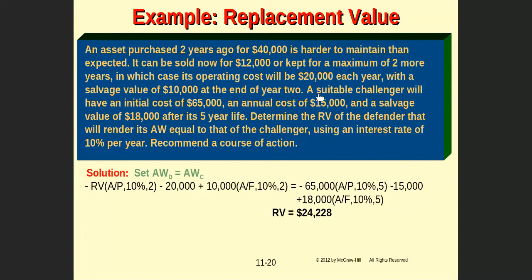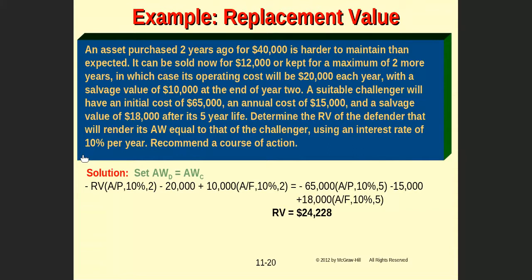A suitable challenger will have an initial cost of 65,000 and an annual cost of 15,000, with a salvage value of 18,000 after 5 years. Determine the RV of the defender that will render its annual worth equal to the challenger using an interest rate of 10%, and recommend a course of action.